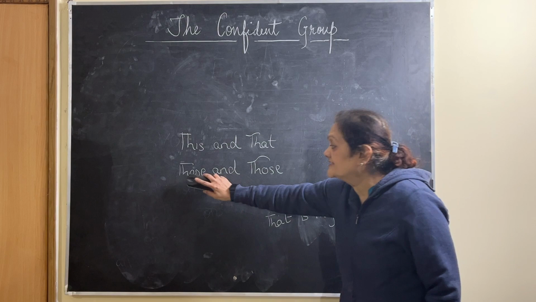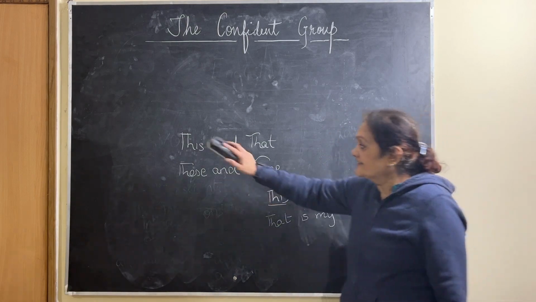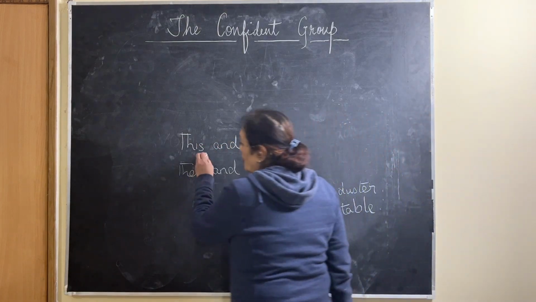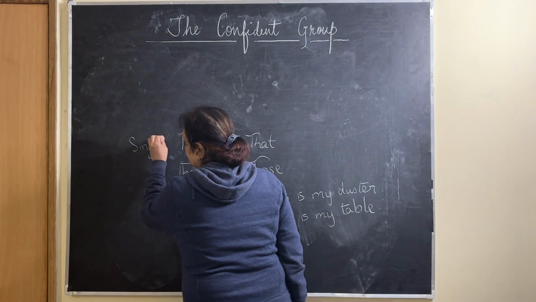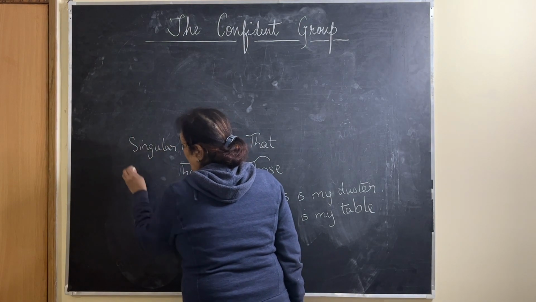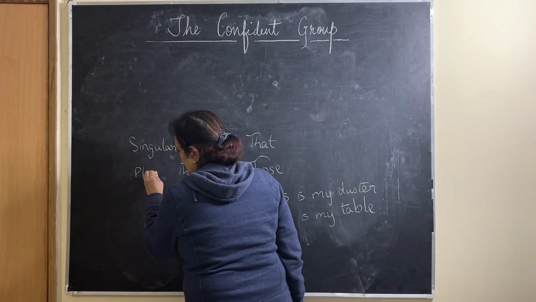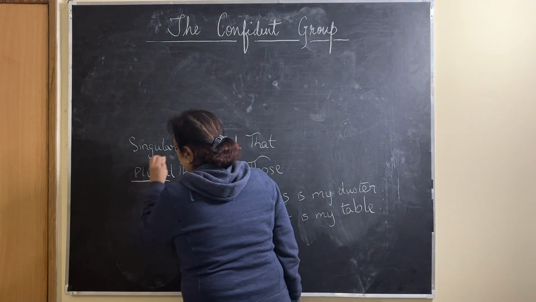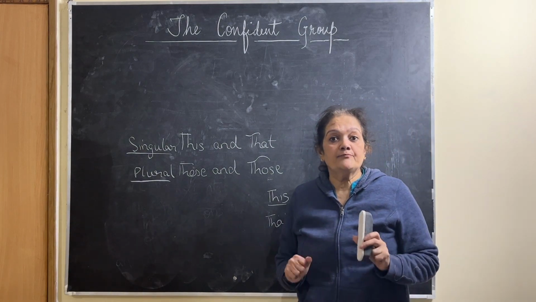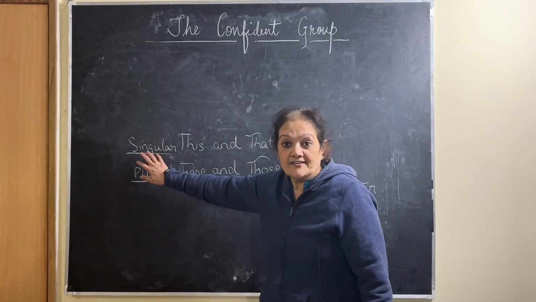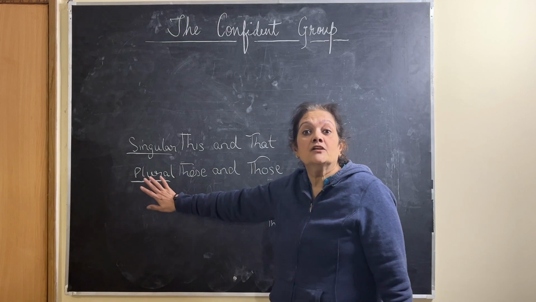Now where do we use these and those? This is for singular, and these is for plural. Now what is singular and plural? Singular is ekvachan, plural is bahuvachan.